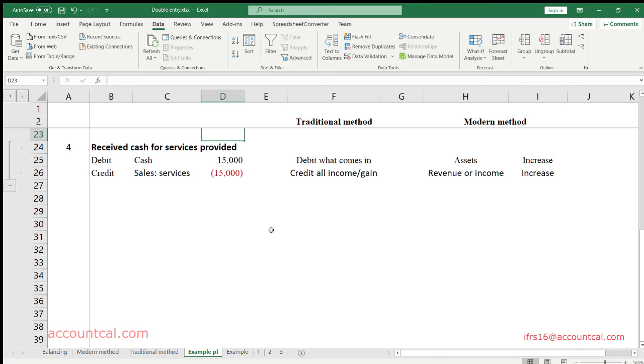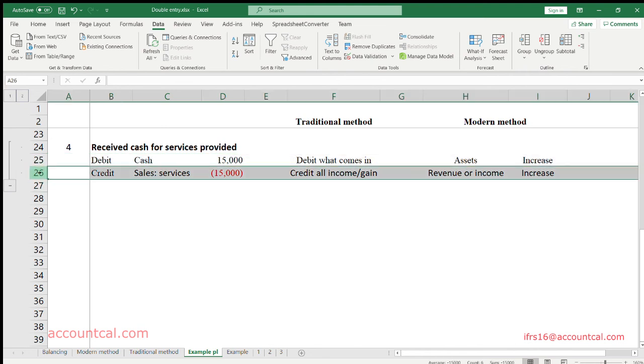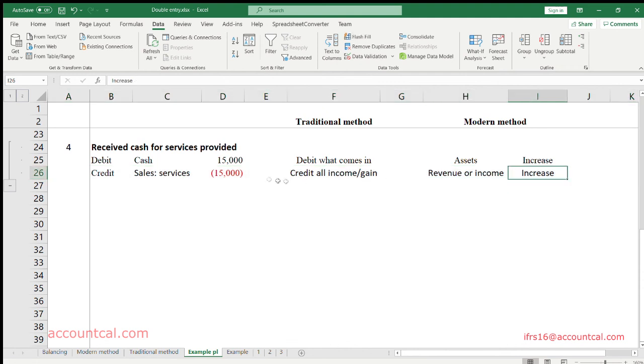Okay. So again, first the simple one: cash is an asset, it has increased, and also cash has come in, so it should be debited. That's why we have debited cash by 15,000. What should we credit? We have discussed if it is revenue, profit, or sale, if it increases, you should credit that.